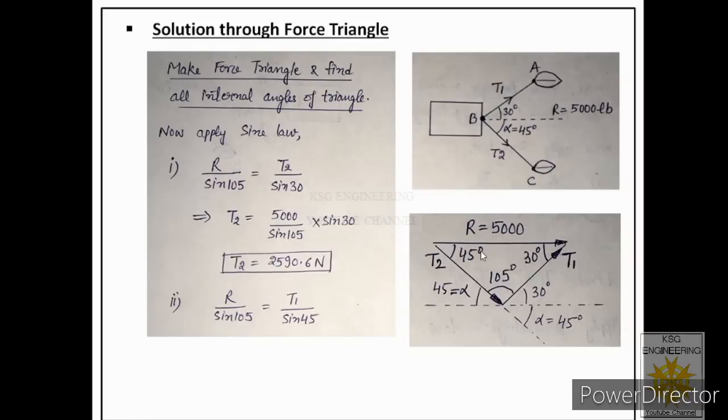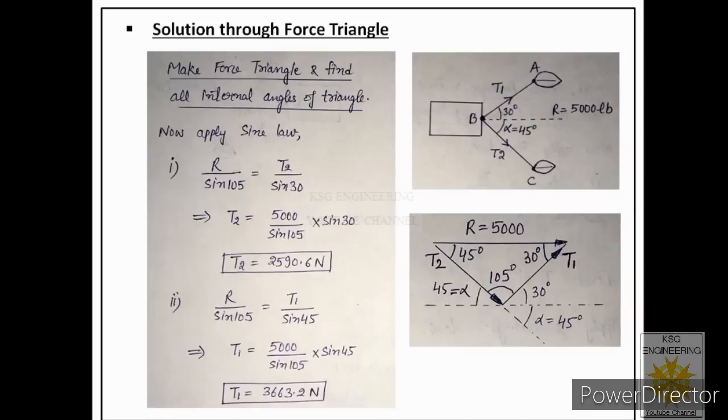So what are other two forces? R and T2. So between R and T2, we found 45 degree angle. So that is why over here it is written T1 divided by sine 45 degrees. Now R is known to us. So put the value of R here. Then what you will get? You will get the value of T1.